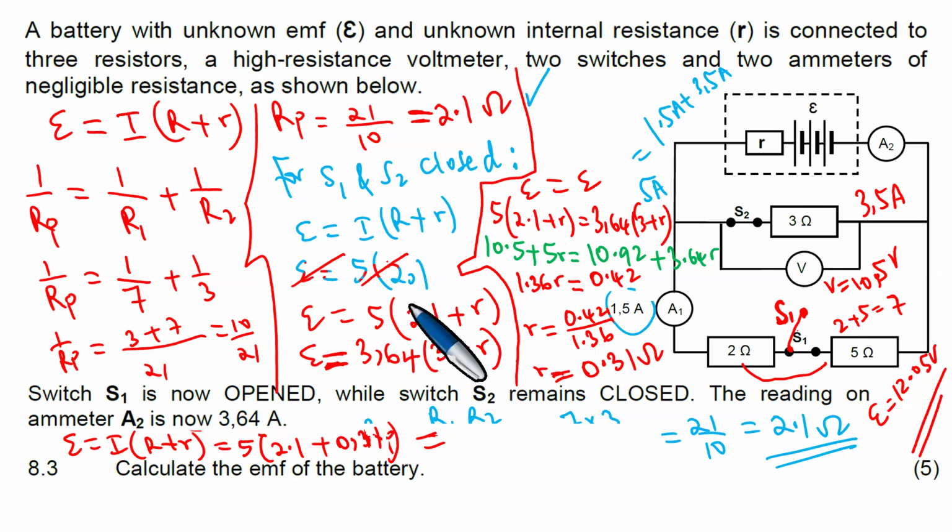Like here we said for S1 and S2 closed, we got 5 times (2.1 plus R). But when S1 is opened, 3.64 times (3 plus R). And then you equate these things and then you're able to get the answer.